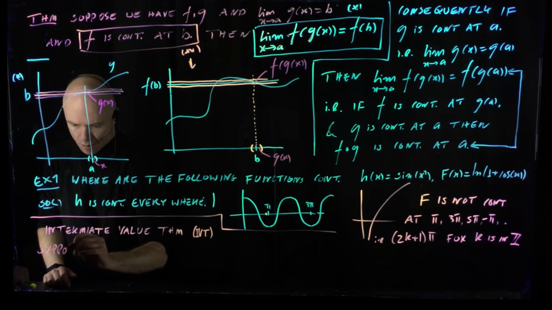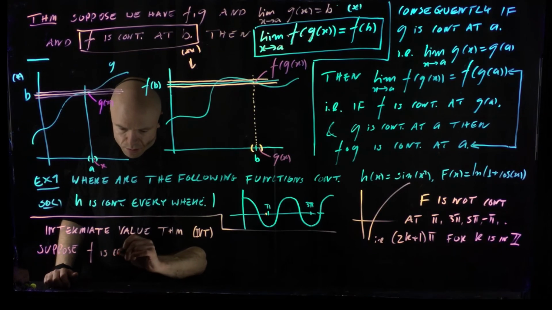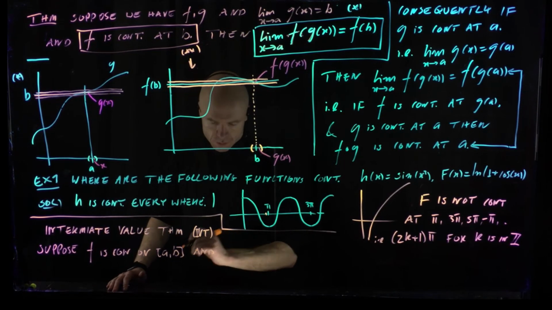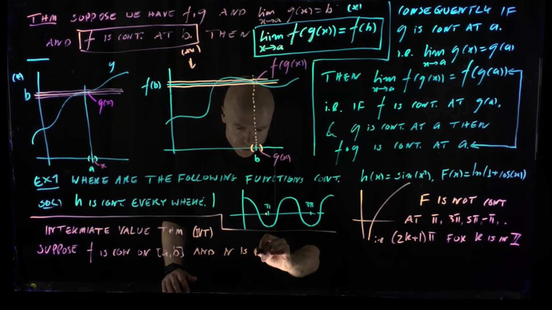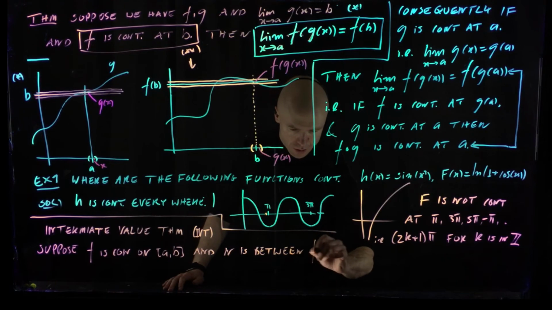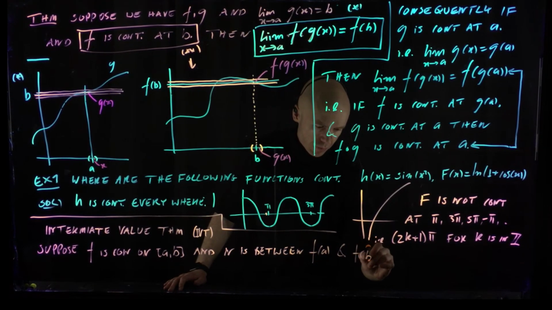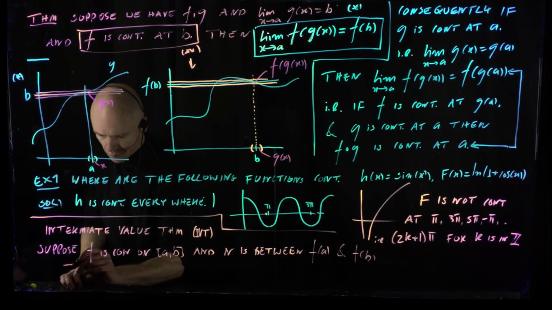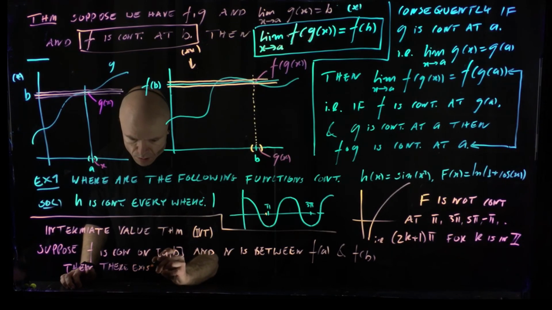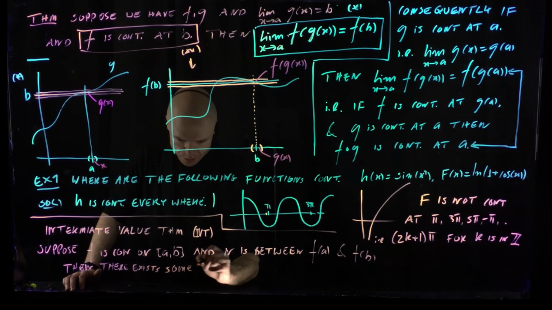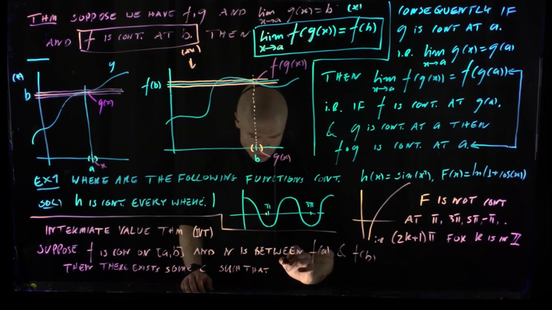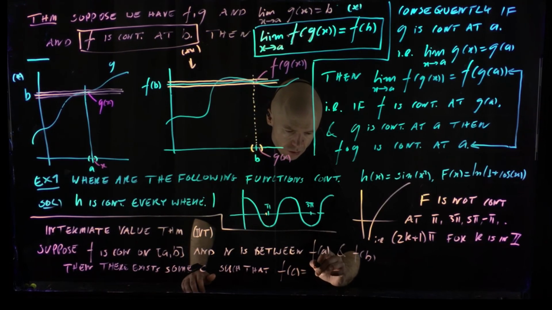Suppose f is continuous on the closed interval AB, and n is between f of A and f of B, then there exists some C such that f of C is equal to n.